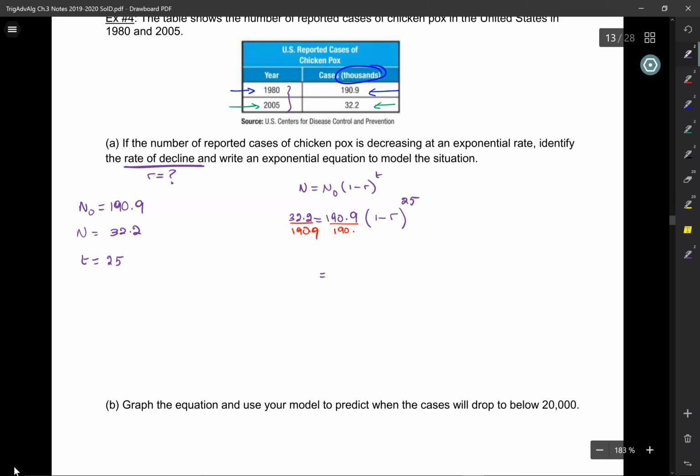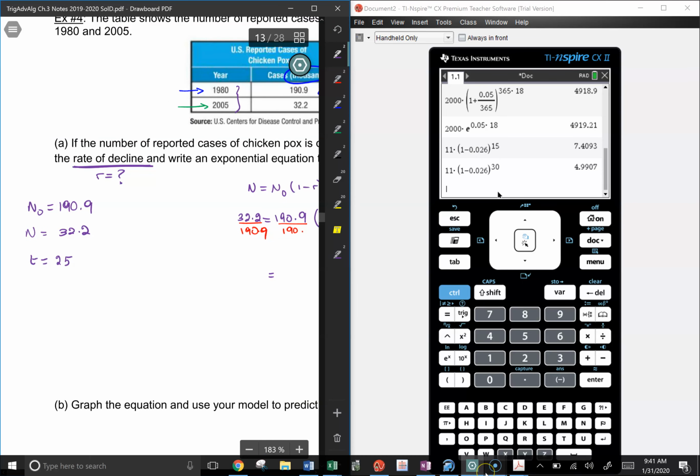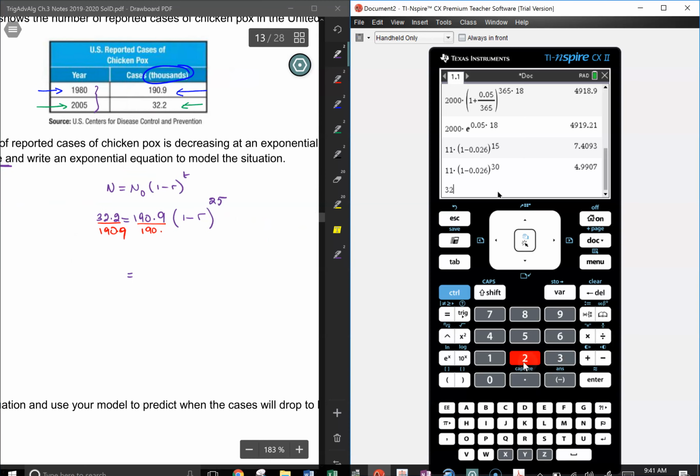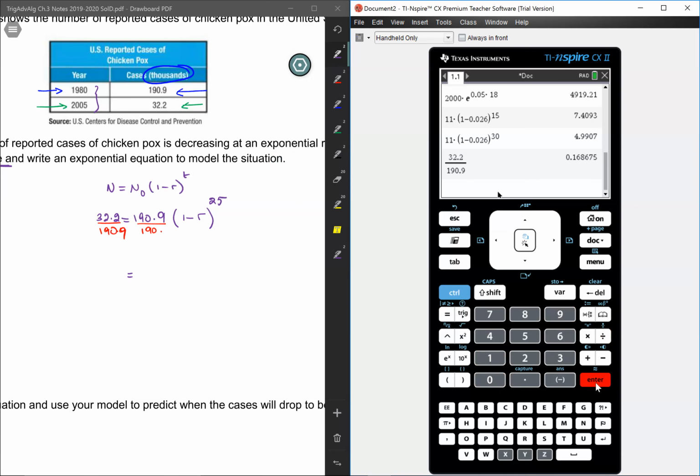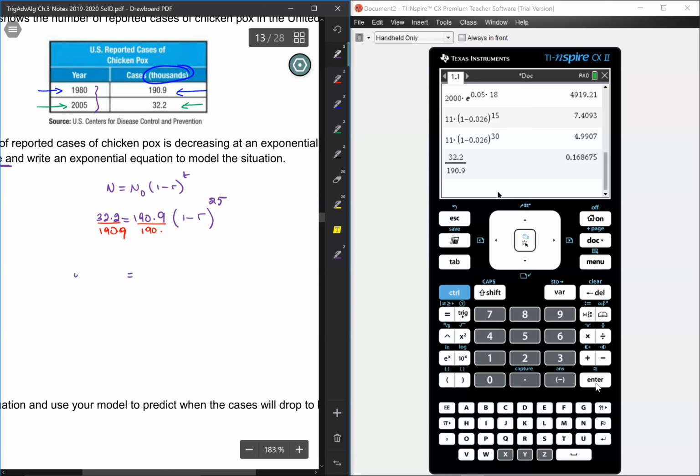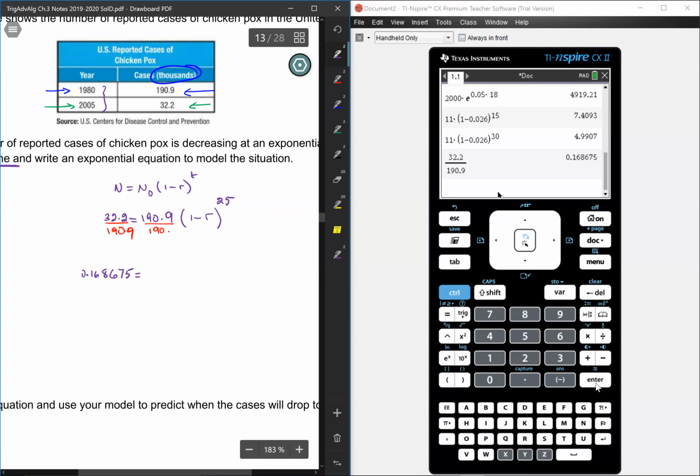So I have 32.2 over 190.9, which is 0.168675. I want to use as many decimal places as I can in the intermediate steps. Equal to 1 minus r to the power of 25.